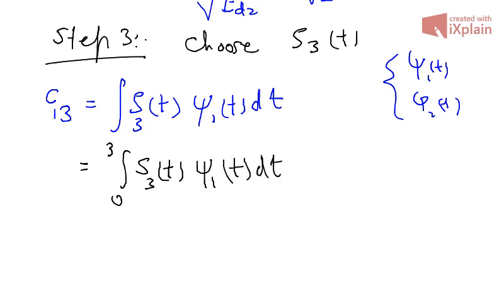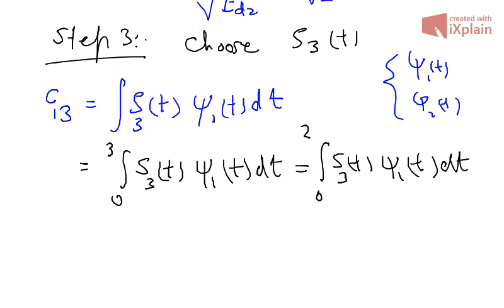But then you can split it into two integrals, right? You can say, okay, from 0 to 2 we have S3 of t psi 1 of t dt, which would give us some value, and we have another, plus 2 to 3 S3 of t and psi 1 of t dt.